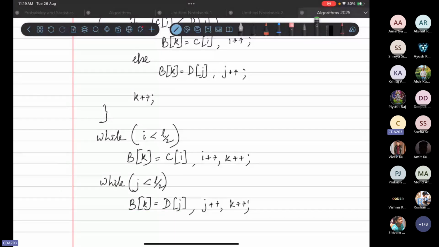The point here is to note that if this is the case, then this will not happen. And similarly, if this is not the case, this might happen. Both of these last two while loops cannot occur simultaneously.